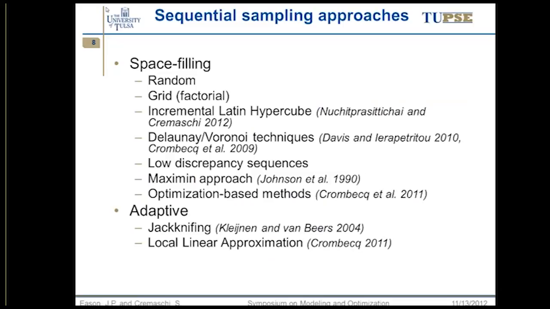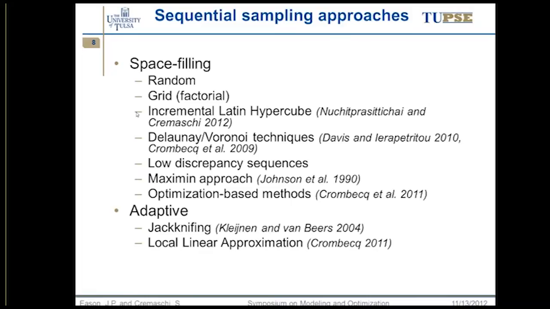The Latin Hypercube design, of course, is very easy to use in high dimensions, and the incremental Latin Hypercube algorithm, which our group developed in the past, is a way of incrementing sequentially while maintaining a Latin Hypercube design. There have been several sampling techniques proposed that revolve around Delaunay triangulations or Voronoi tessellations, which perform very well, but it's difficult to generate these Delaunay triangulations at high dimensionality.